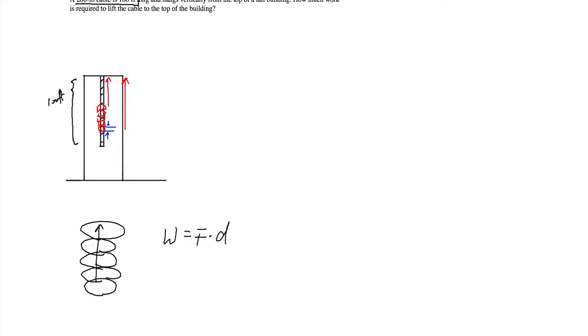Now this tells you we're going to assume the weight is distributed uniformly. So 200 pounds over 100 feet means this is 2 pounds per foot. Okay, and let's assume this is our delta x, so the length of the cable is delta x.